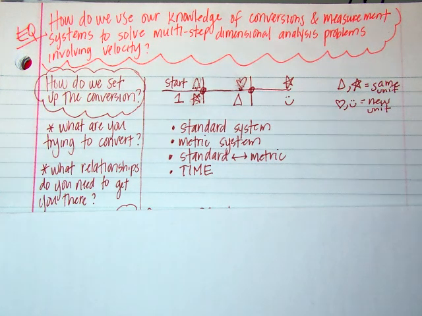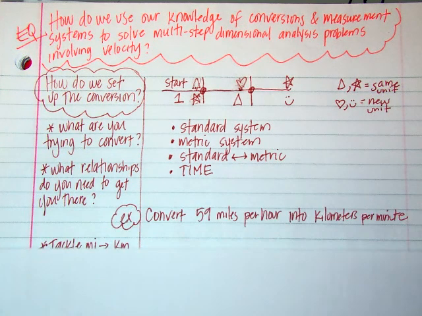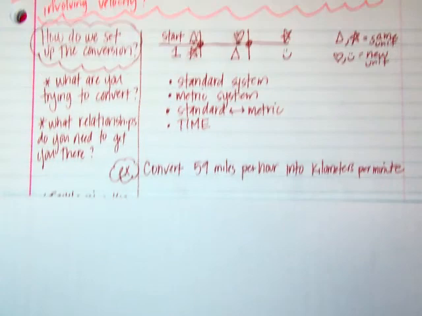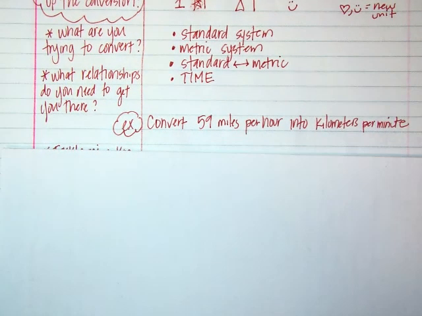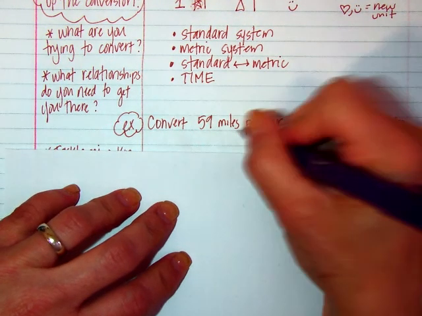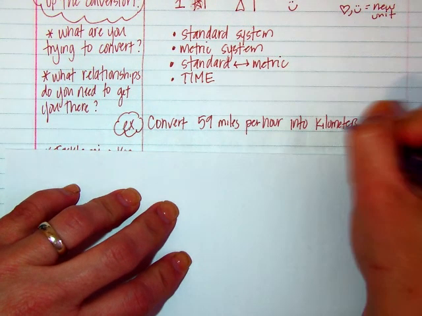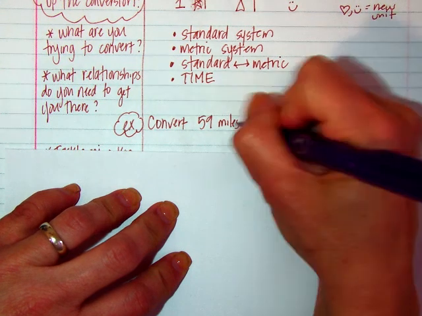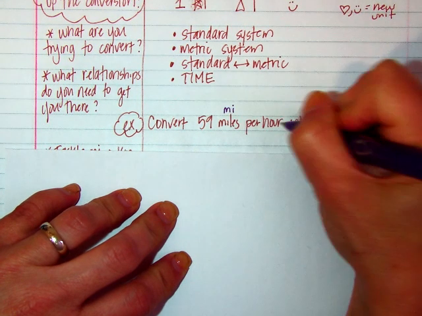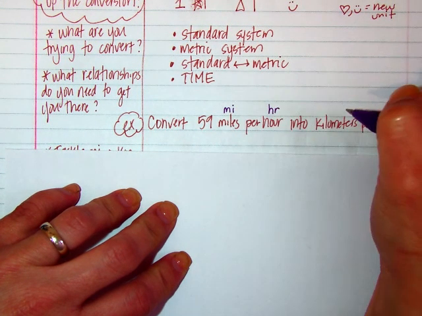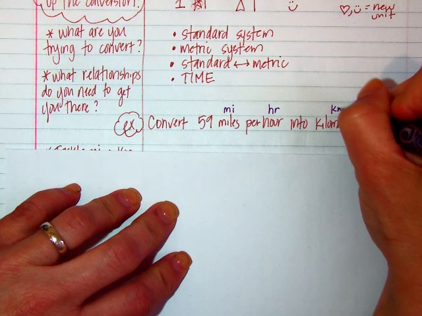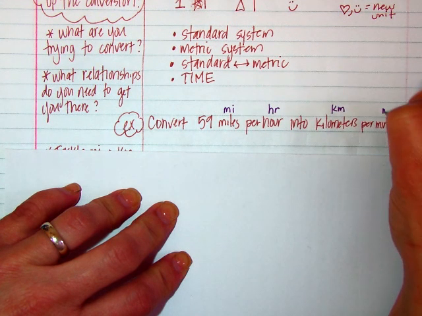So with our first example, we want to convert 59 miles per hour into kilometers per minute. Now to simplify this process, we're going to abbreviate these so that we know what we're doing. So miles is MI, hour is HR, kilometers is KM, and minutes we're going to abbreviate MIN.